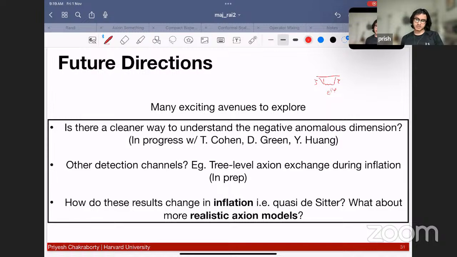But for an axion, you could ask, for instance, what if during inflation this decay constant changes in time? There are ways to engineer that. What if the axion model is more realistic? Currently, it's really just a toy example. So these are some future directions in which we're carrying out work.